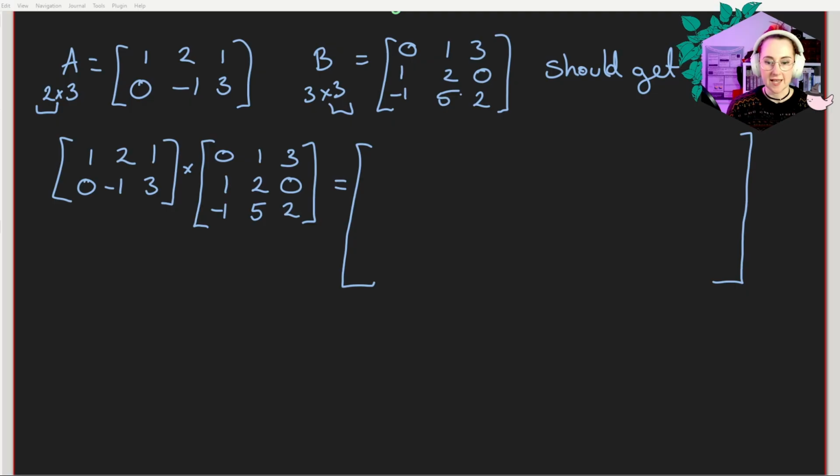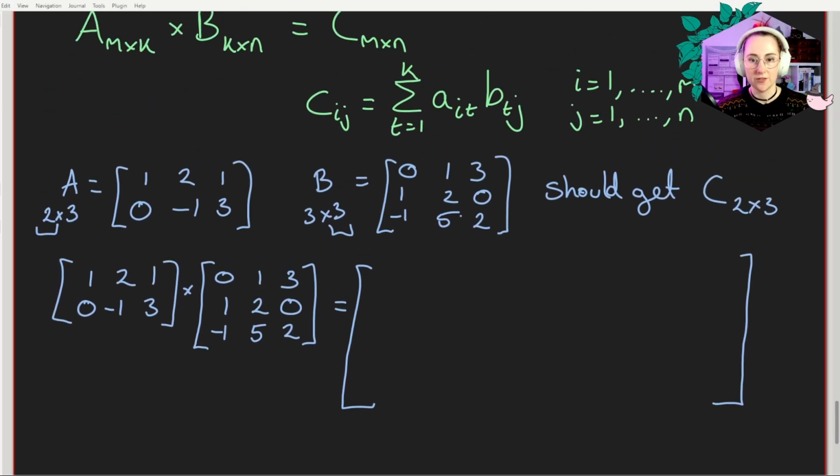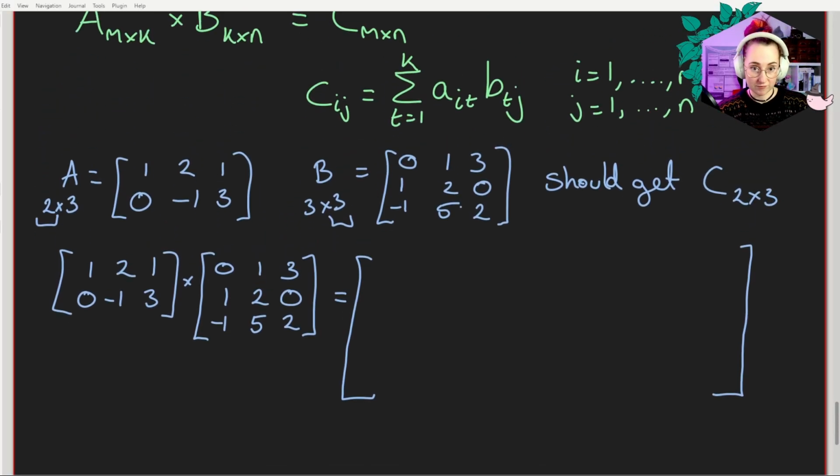So, we said that the ijth entry is the sum over the products of the itth entries and the tjth entries. What that means is we fix i and we fix j.